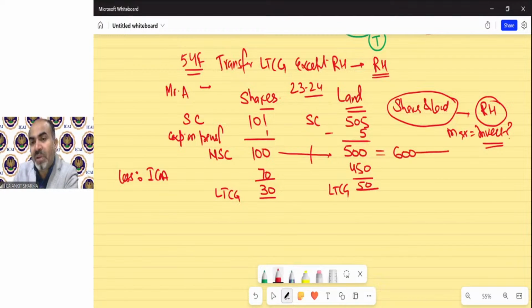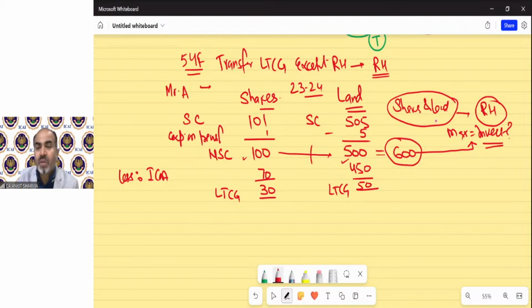So he can purchase a new residential house for 600 lakh rupees out of the consideration he received for shares and land, not this 80 lakh. This is only gain, profit. So we can invest what we received. So he received technically the consideration 100 lakh on shares and 500 lakh on land. So technically he has 600 lakh in his pocket. So he can invest to purchase a new residential house worth rupees 600 lakh.